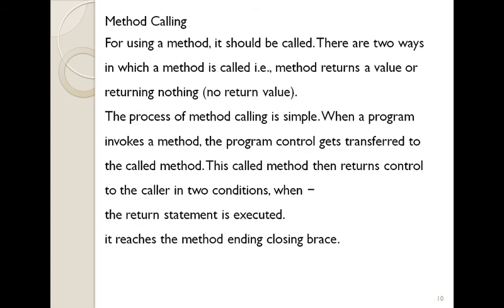This called method then returns control to the caller under two conditions: the return statement is executed, or it reaches the method's ending closing brace. These are the two conditions under which the called method returns control to the caller.